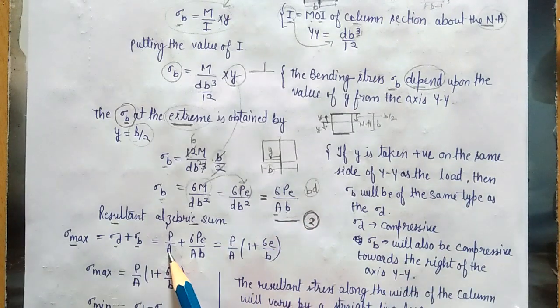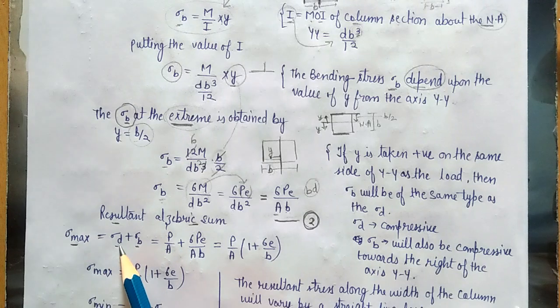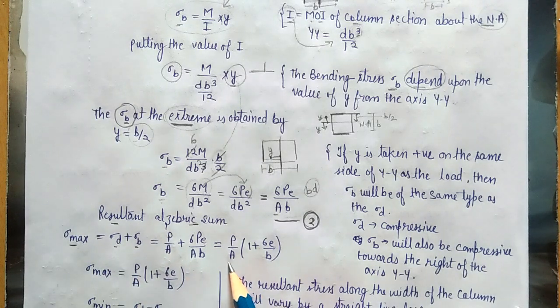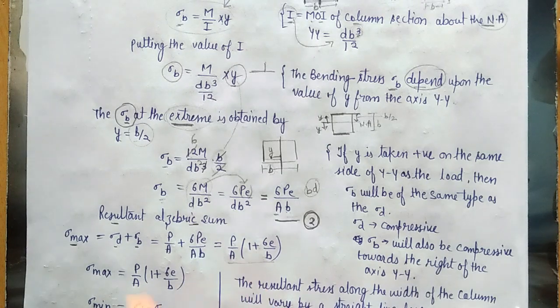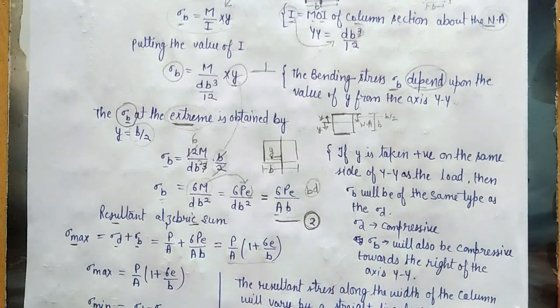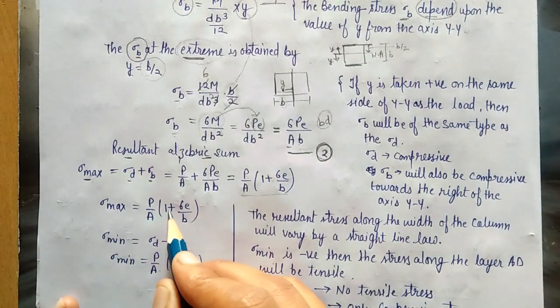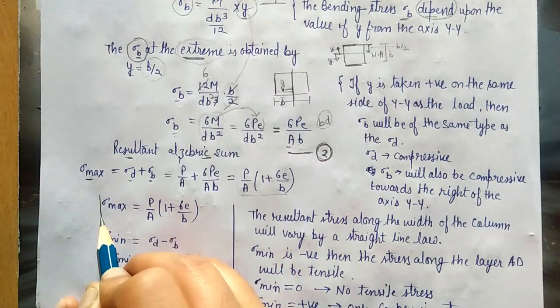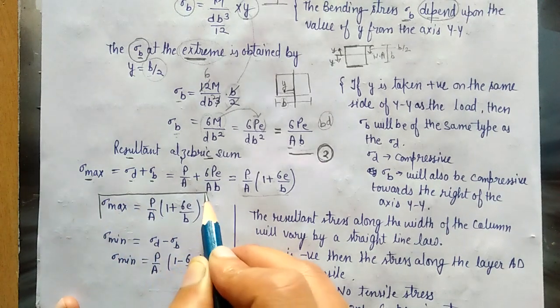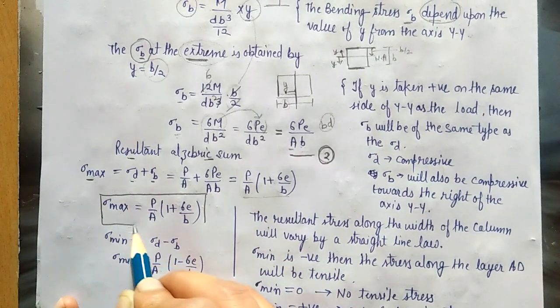We sum both, and the value comes out P upon A into 1 plus 6e by b. How does this come out? We take P upon A common. So the maximum value of the resultant is P upon A bracket 1 plus 6e by b. This is our maximum stress.